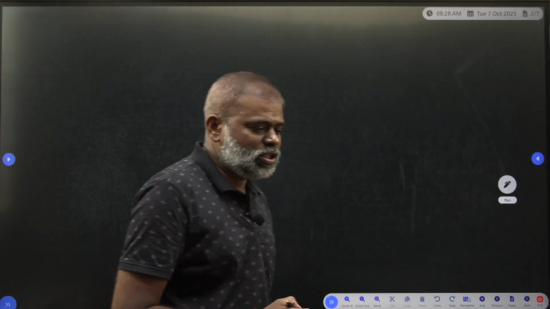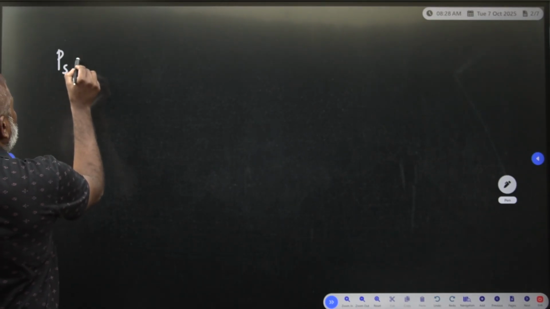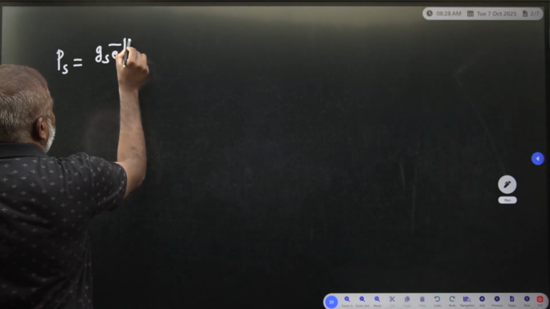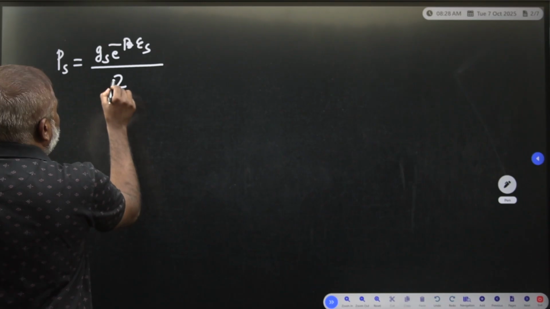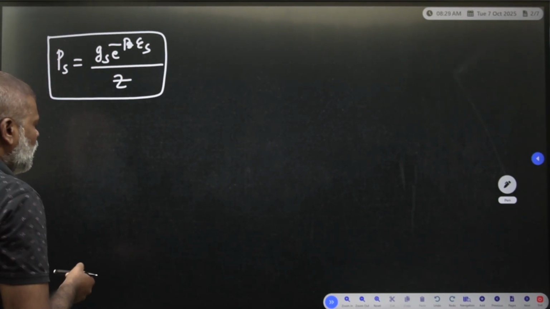The probability is equal to the degeneracy times e to the power of minus beta times Es, divided by the partition function. This is the probability formula.